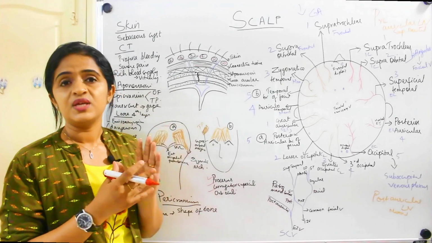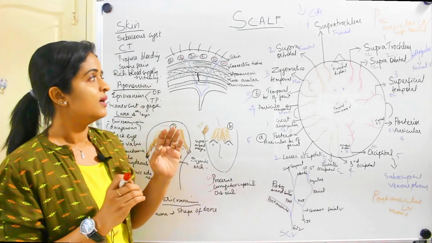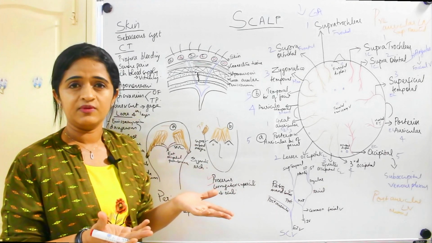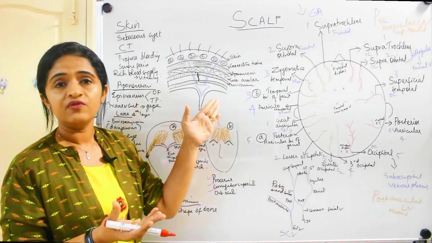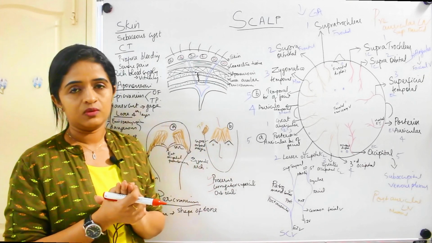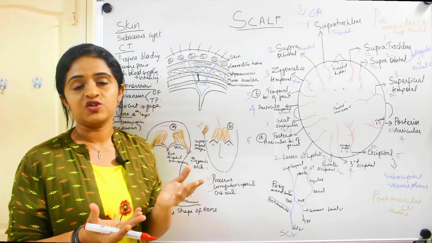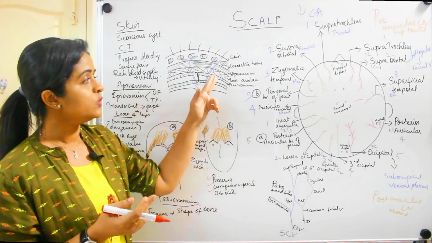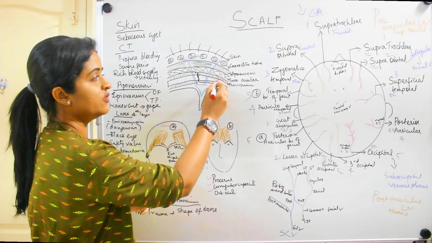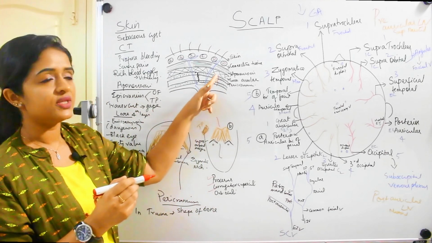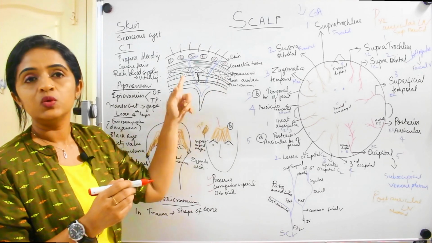So what do you mean by safety valve hematoma? Suppose in children, as a part of skull injury, there will sometimes be a fracture of the skull vault as well. Through the fracture of the bone, the blood will ooze and collect in the loose areolar tissue.